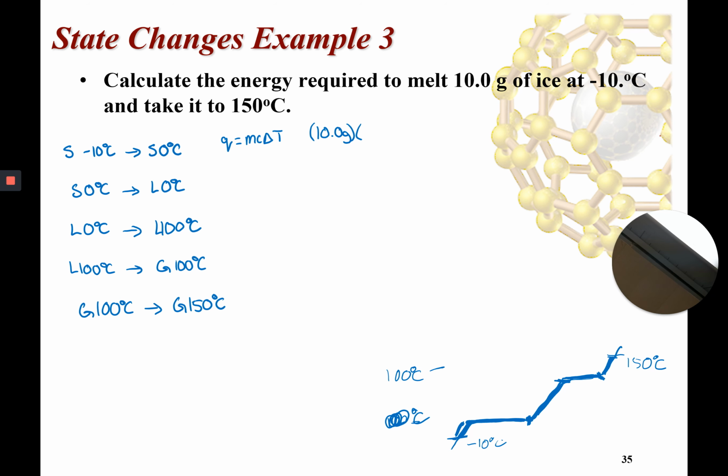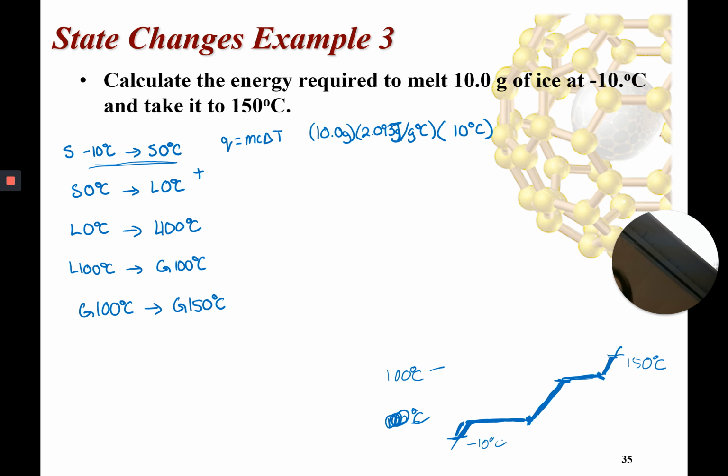Our C for ice is, let's look that up, 2.093 joules per gram Celsius, times delta T. When you do delta T, you only do it for the one step that you're doing. So my final is 0, my initial is -10, so 0 minus -10 would be +10 Celsius.